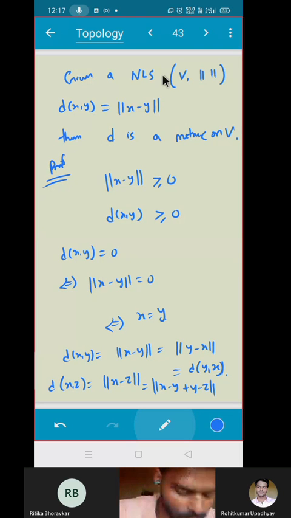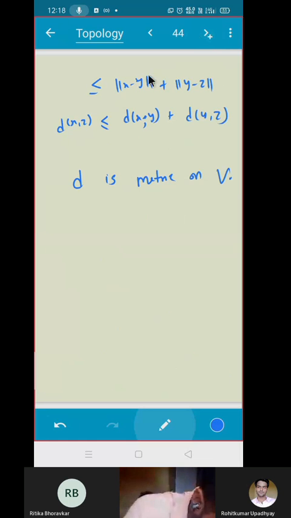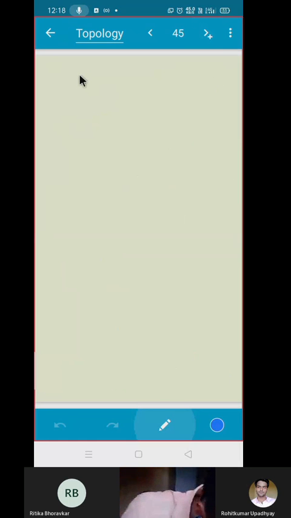Now, one homework for you is this. Show that the following are norms on R^n.